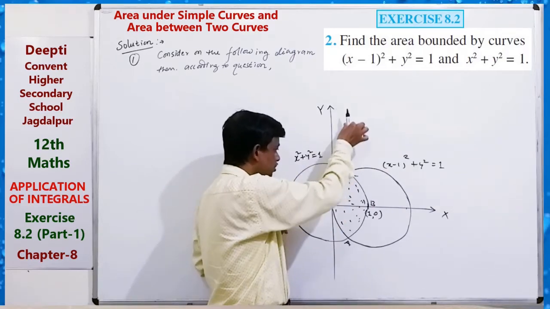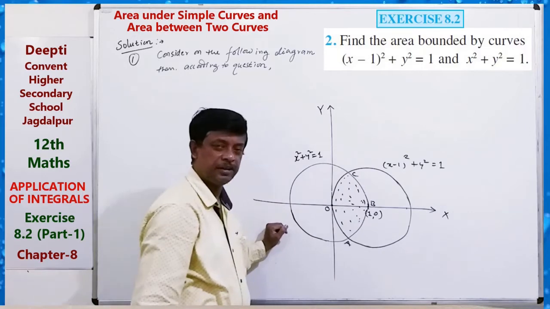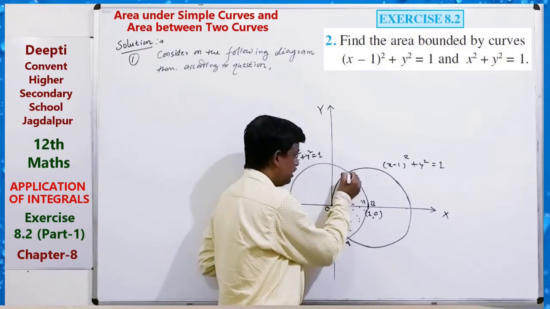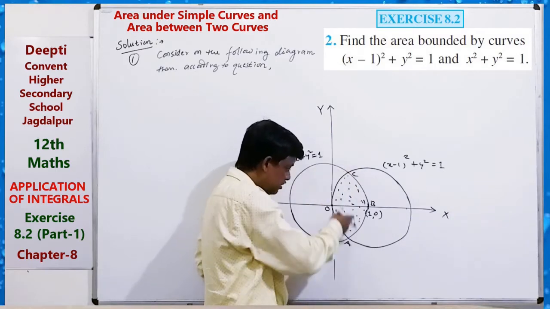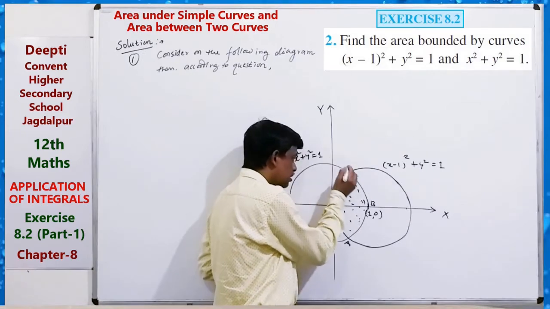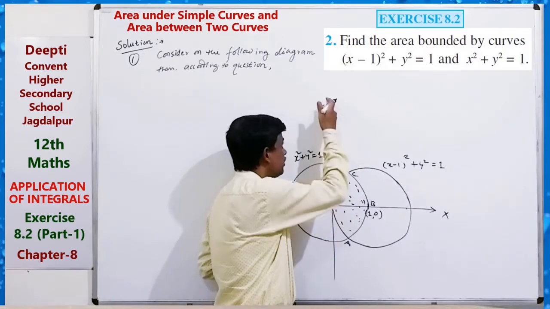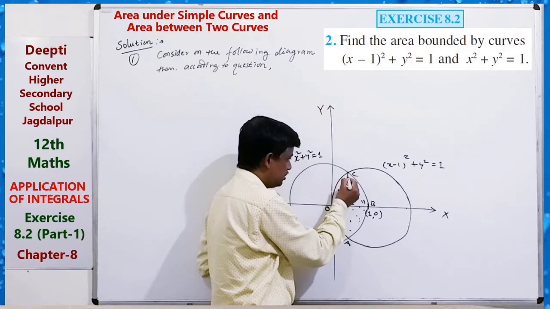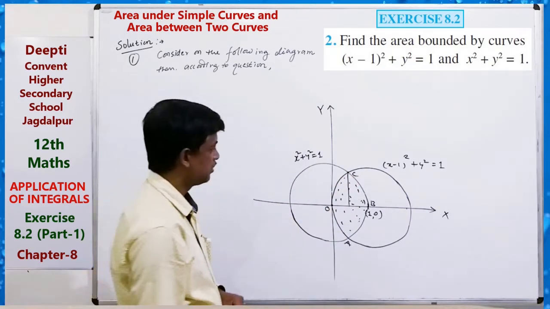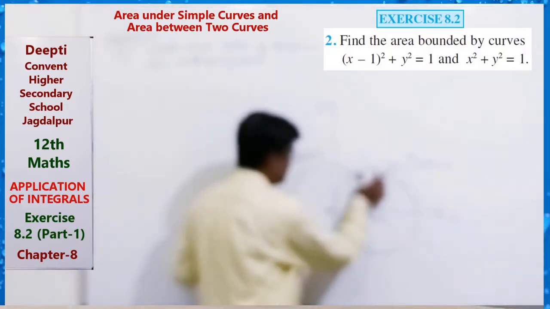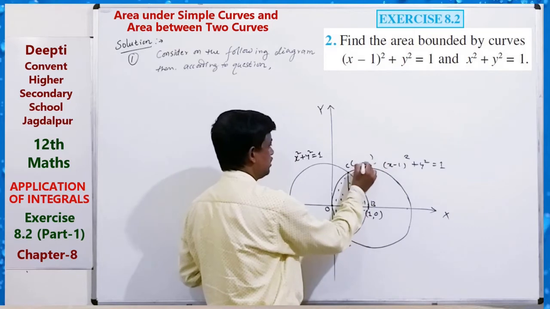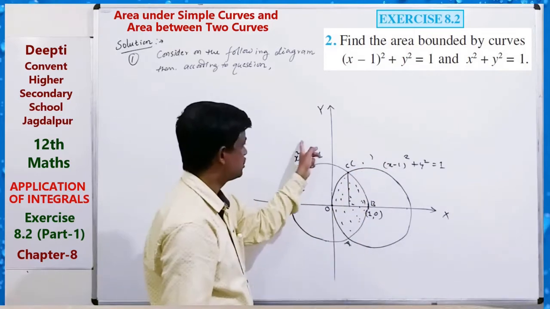But if we take a vertical strip, then we can find the area by dividing it into two parts, drawing a vertical line parallel to the y axis. Okay. The coordinate of C we have to find. How can we get this coordinate? By solving these two.